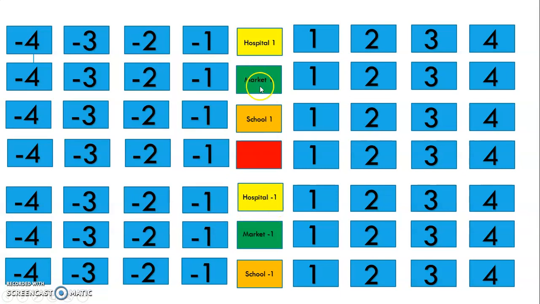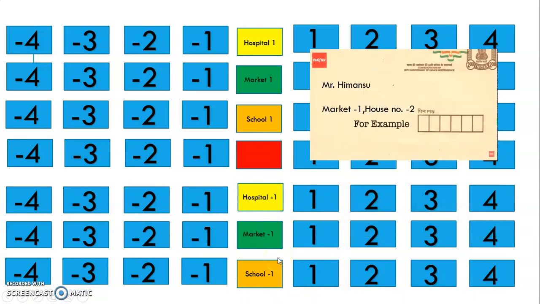Similarly, we have market 1, market -1, school 1, and school -1. So using this system, as we had used in the previous example, we can give each house a unique house number.